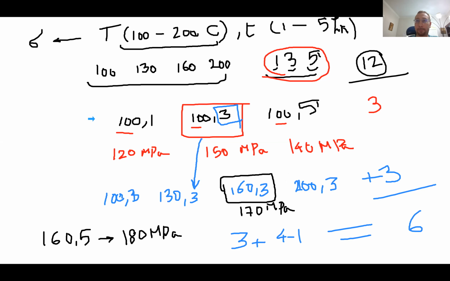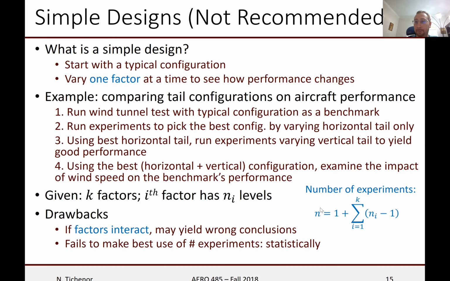Now if you go back to the presentation, the number of cases will be this. In the test we dealt with, K was equal to 2, the number of factors: time and temperature. In one case, N1, which was temperature, we had 4.